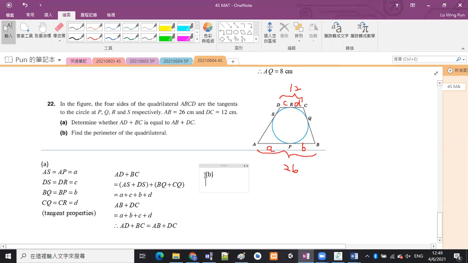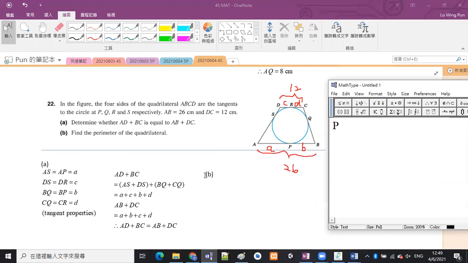Part B will be very easy. Then the perimeter should be equal to AB plus BC plus CD plus DA. So AB plus CD plus BC plus DA, right? I just rearrange the terms. 1, 3, and then 2, 4.